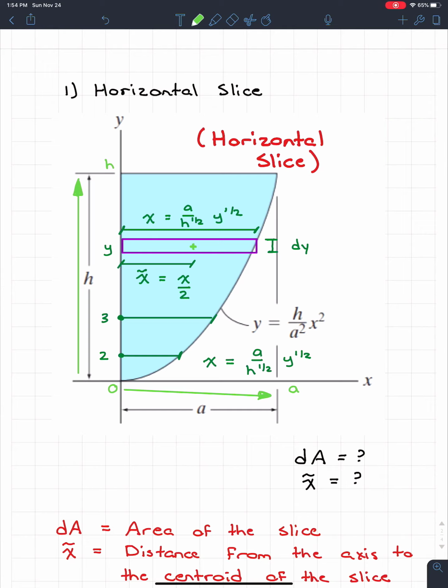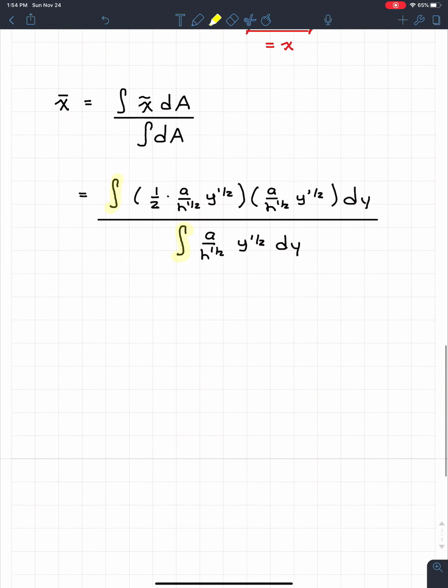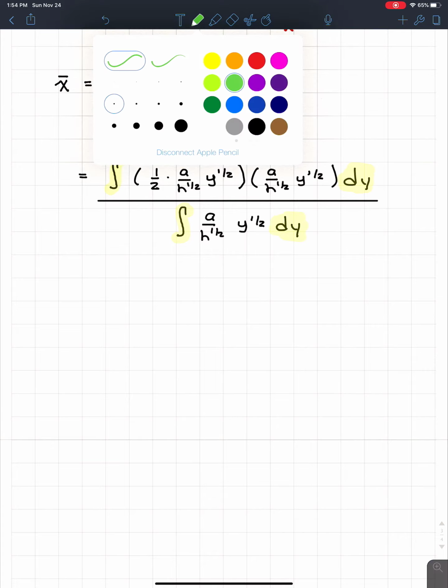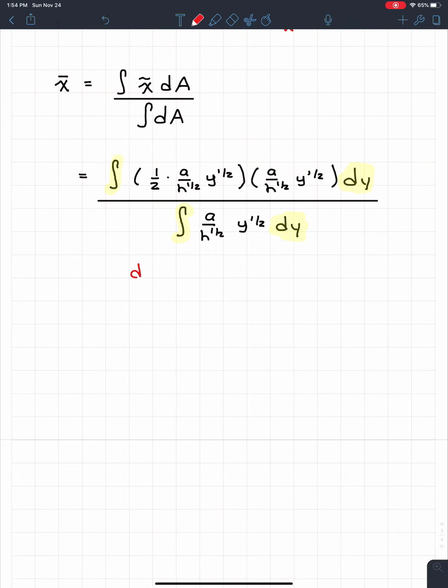But that's too complex for me. I don't want to get anything crazy. I want to keep this nice and simple. So the way I remember is if I come down to my equation, if I have a dy, so I'm integrating with respect to y, I'm going to write this down here in red. If I have a dy, what this means is I'm integrating over the y-axis.